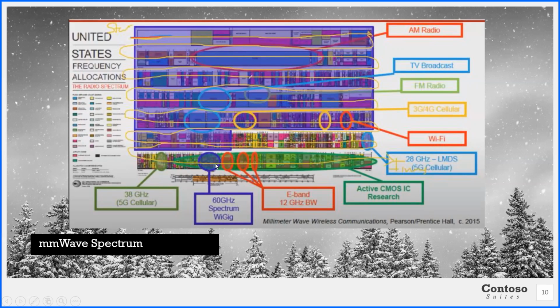As I said before, the millimeter wave starts from here up to here, so it ranges from 60 gigahertz to 100 gigahertz. And since millimeter waves work in high frequencies, getting bandwidth will be much easier compared to the lower frequency spectrum.